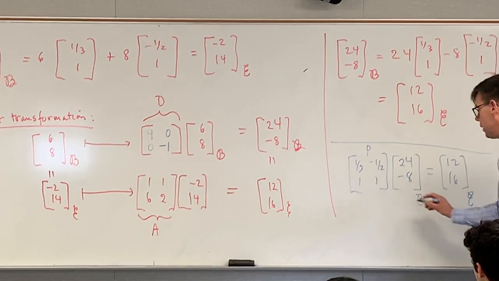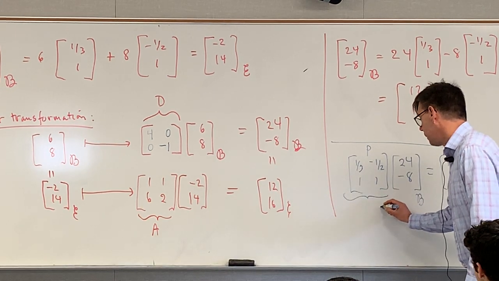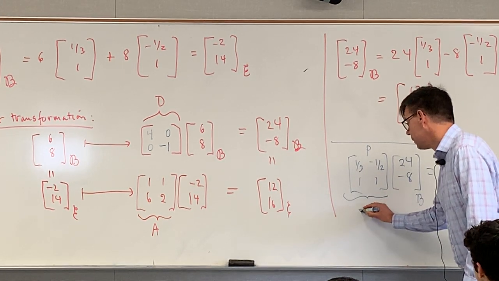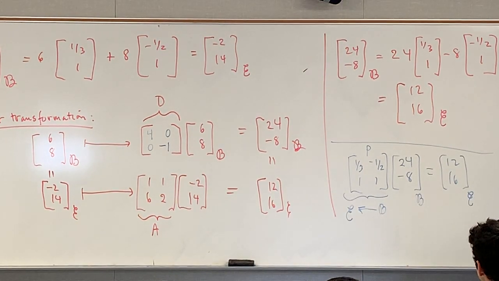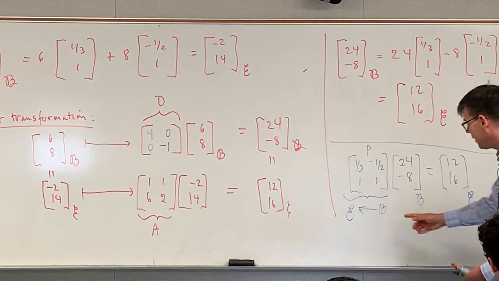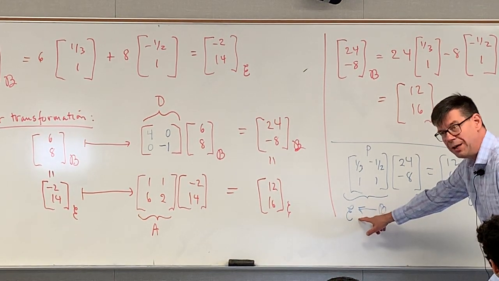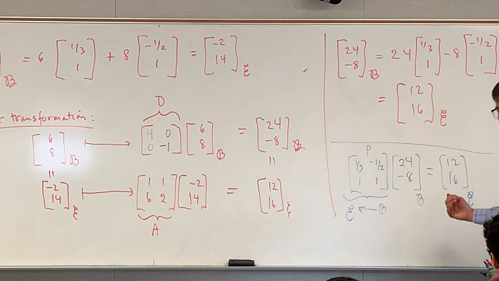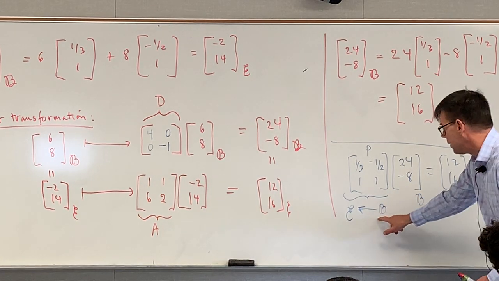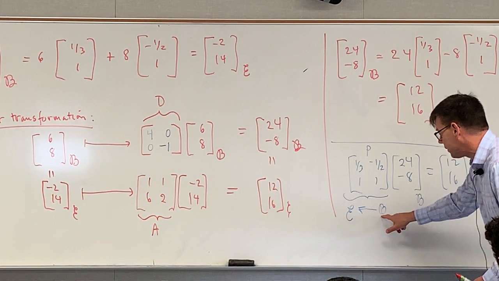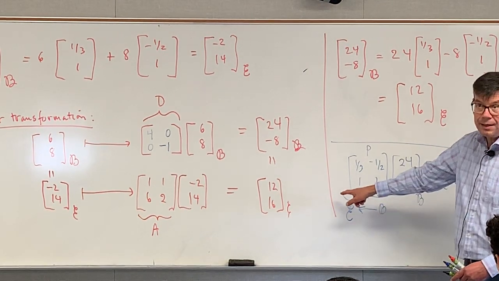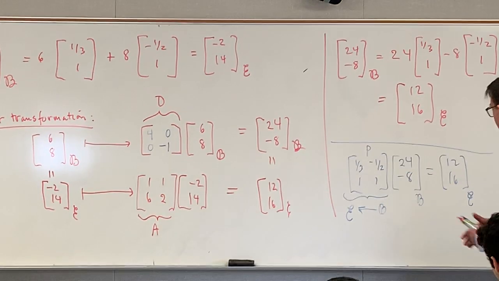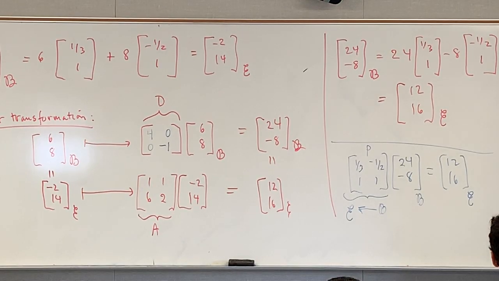This is E coordinates. This is a B to E coordinate change. The magic isn't so much what you call P inverse. This is the B to E change. Its inverse is the E to B change. And this arrow notation is just meant to help you see that the B vector goes on the right-hand side, and the E vector is what you end up with after you do the multiplication.